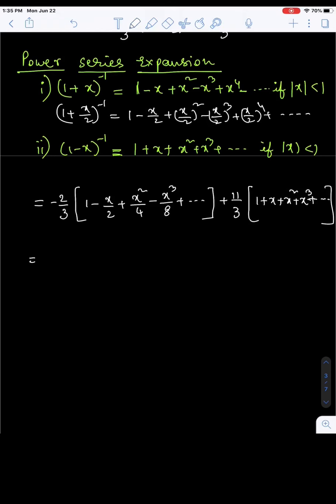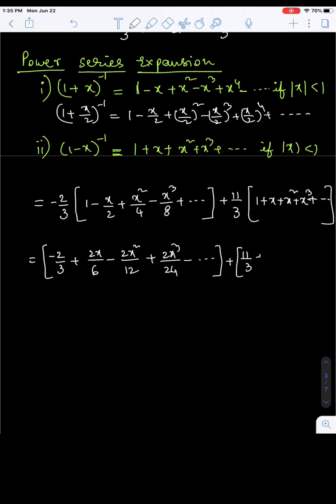Or in other words, to get the idea, you take one more step. Take minus 2 by 3 inside: minus 2 by 3 plus 2x by 6 minus 2x square by 12 plus 2x cube by 24, and so on.